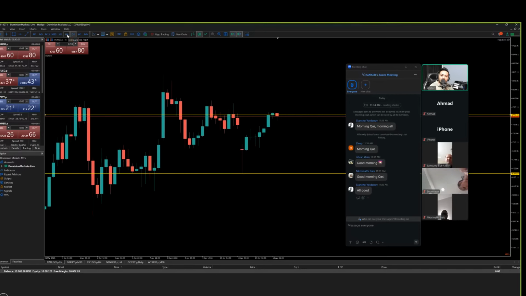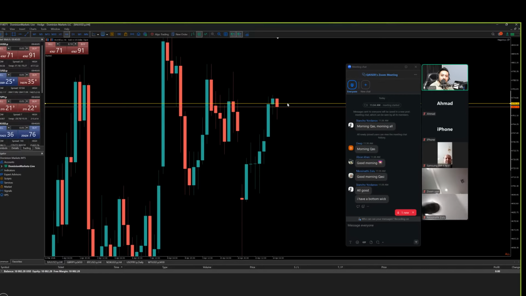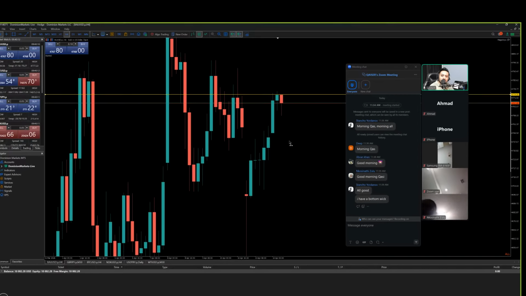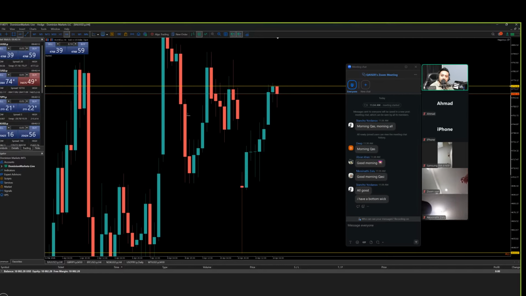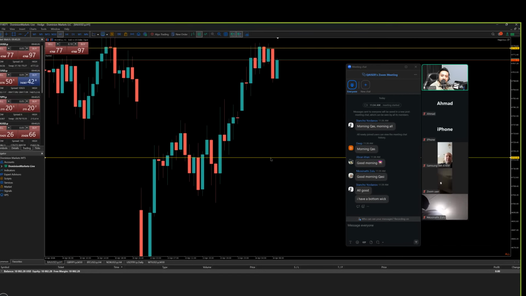Let's jump from daily to H4. This H4 just broke the low of the previous H4 low. It's getting interesting. This is a support I can see here. So let's jump from H4 to H1. On H1, wow, nothing clear as well.